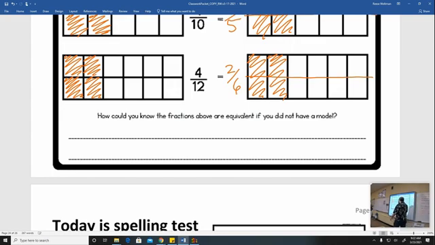Madeline? You could draw them out. If the models weren't there, you could draw them. That's true. But what if you didn't draw them? How else could you know? What have we been looking at?